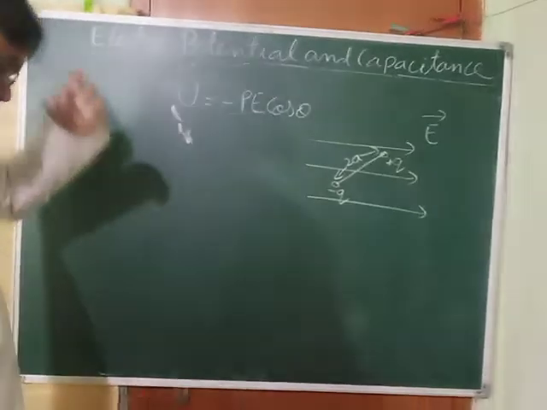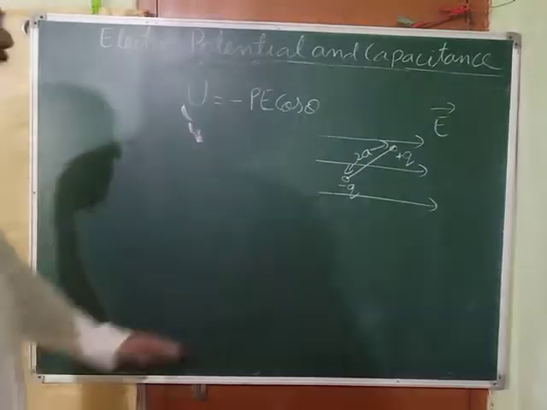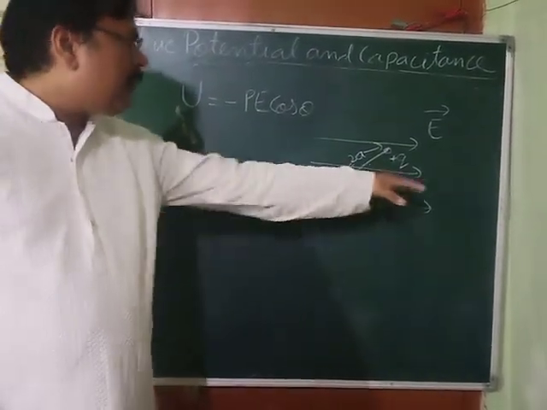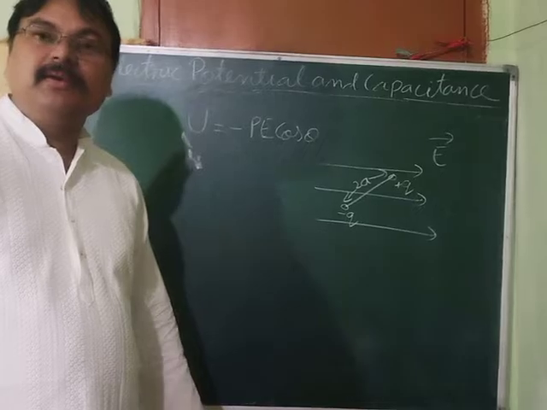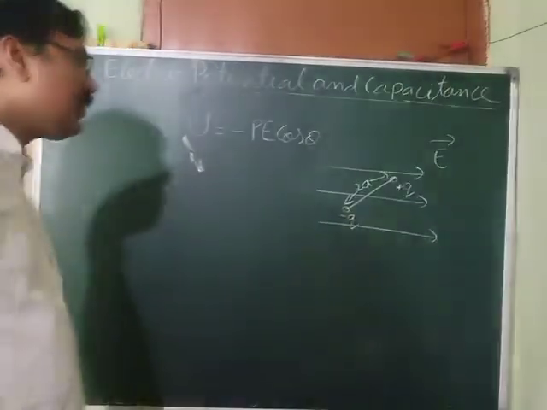Now see, suppose the dipole is aligned along this electric field. Initially it is perpendicular, finally it gets aligned. Then what will happen?